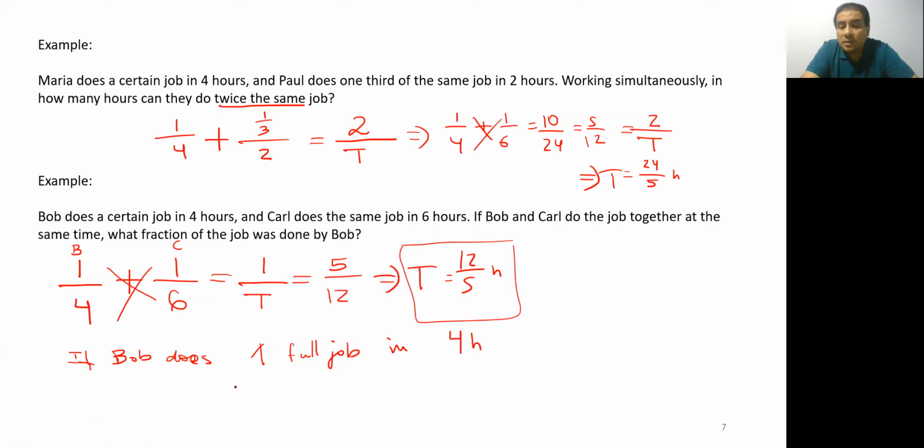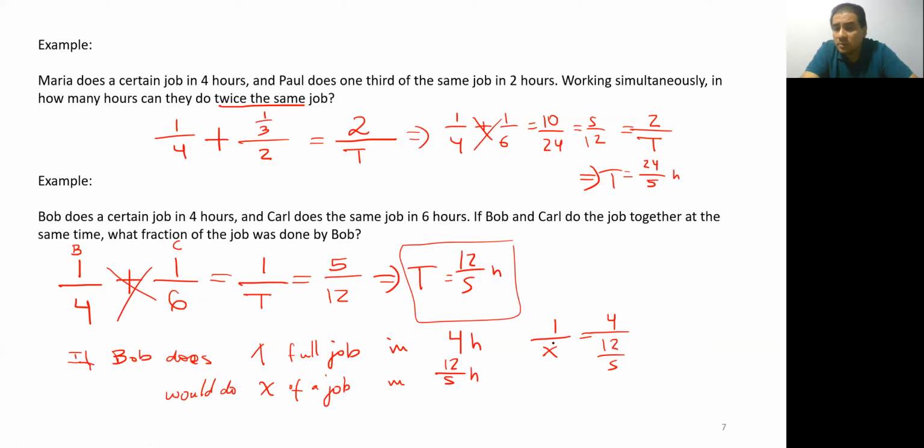So he would do X of a job, a fraction of a job, in 12 over 5 hours. So it's just a direct proportion, right? 1 is to X as 4 is to 12 over 5.